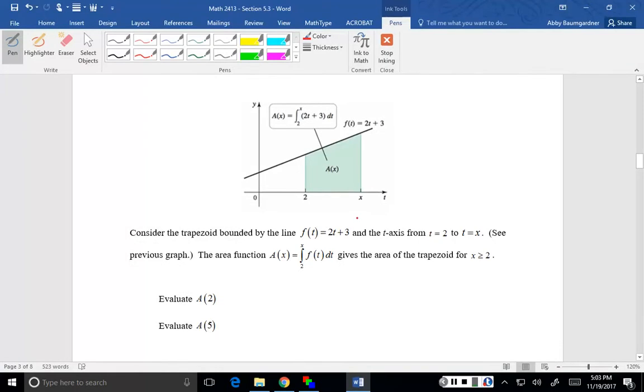Let's take this a little bit further. So here we are given a picture of a line, f of t equals 2t plus 3, and we are saying to look at a lower bound of 2 and an upper bound of x.